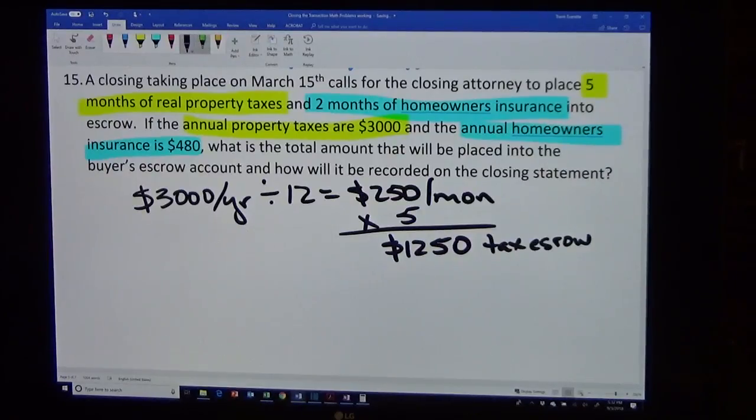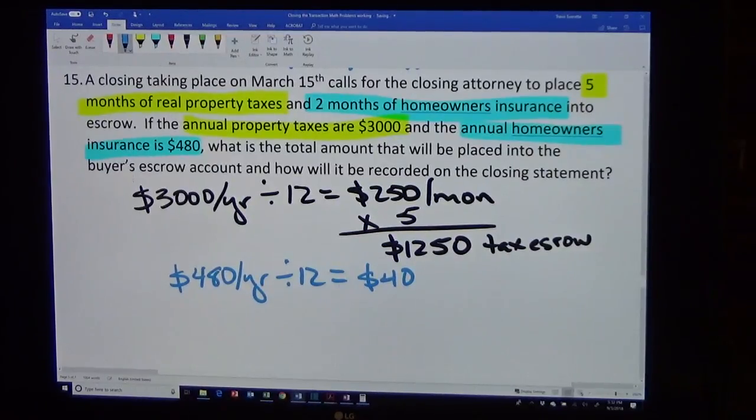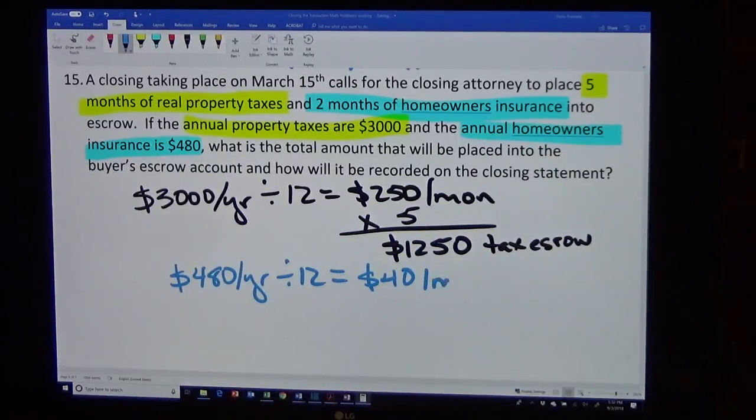Alright, we also know that we've got homeowners insurance, which is $480 a year, which we can divide by 12, which gives us $40 a month, I believe. Let me check my math, make sure. Yeah, $40 a month times 2 months. So that's $80 in insurance escrows.